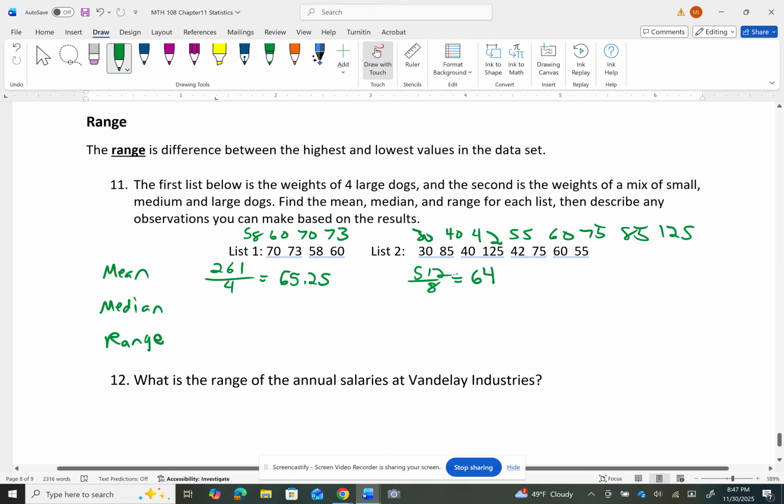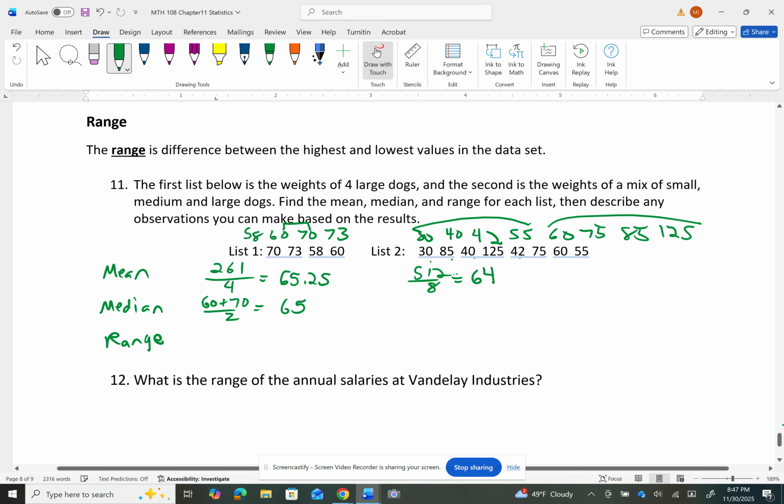Okay. All right, for the median, the first one had 4, so that's an even number. So we have to get halfway between the 60 and the 70. We could do that by adding them and dividing by 2, or we can just see it would be 65 if we were halfway between those two. The median for the second set, there's 1, 2, 3, 4, 5, 6, 7, 8. So we still have an even number.